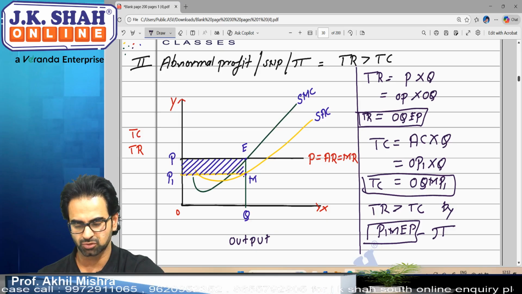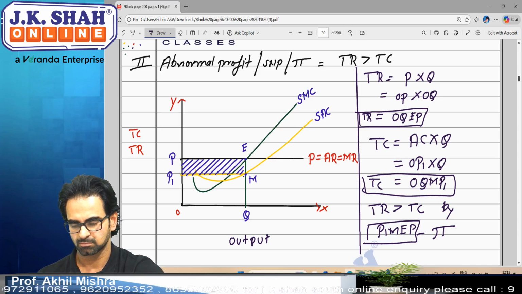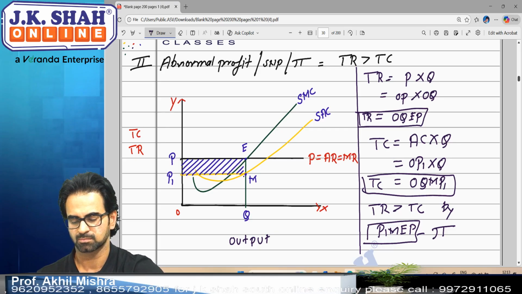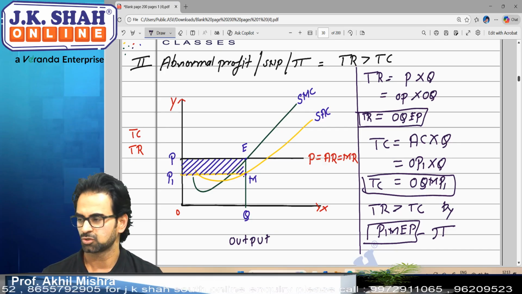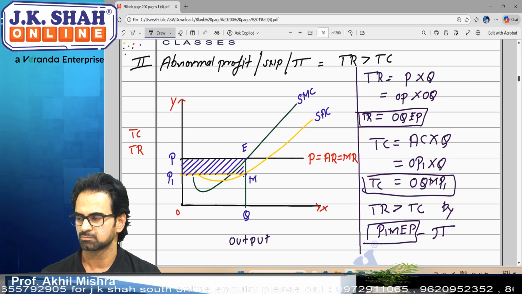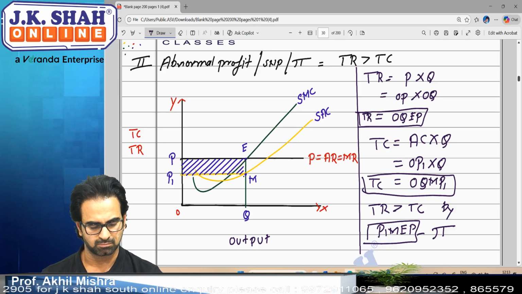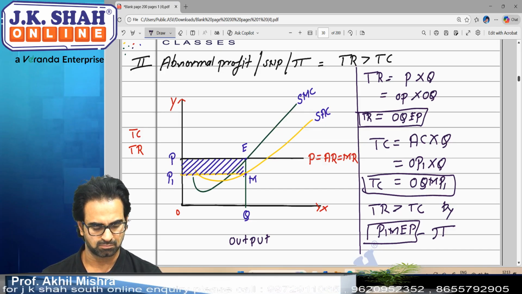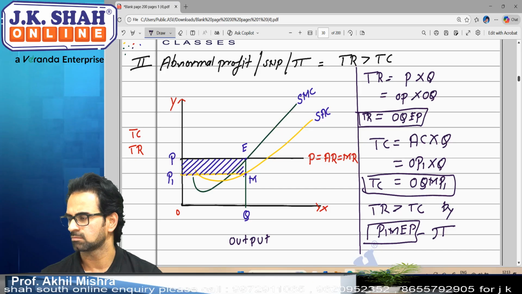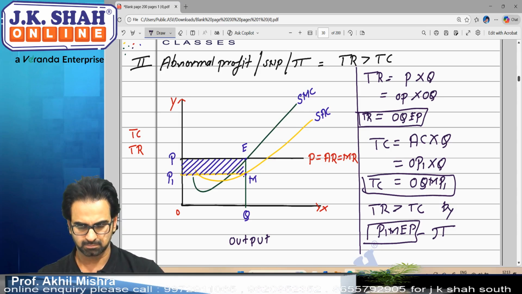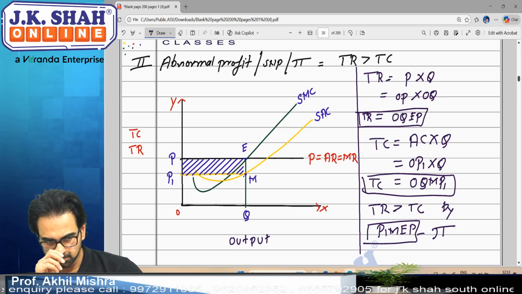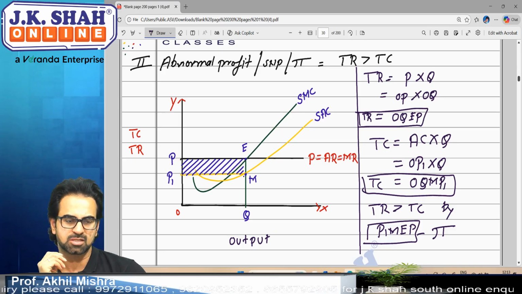TR is for total revenue. Total revenue means income. There is nothing like OQ minus P. That is OQEP.